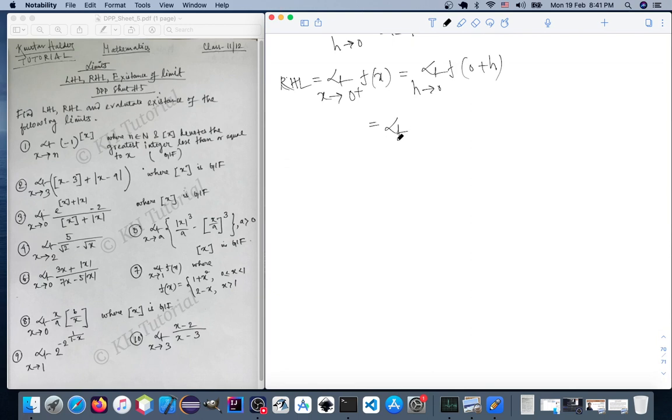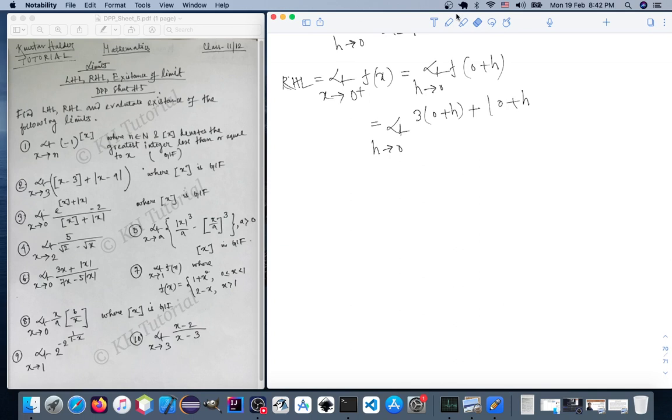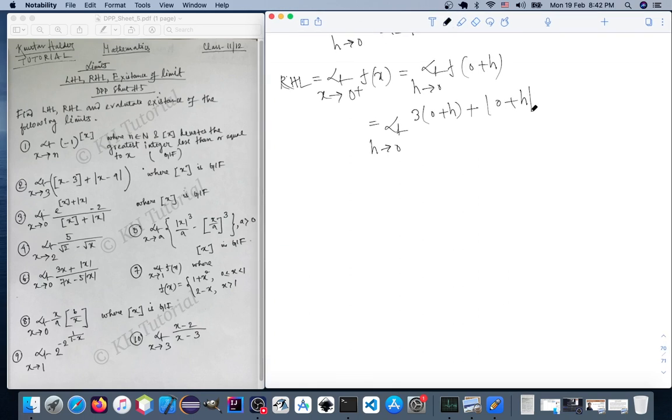This is limit h tending to 0, 3 times (0 plus h) plus mod of (0 plus h) divided by 5 times (0 plus h) minus this.